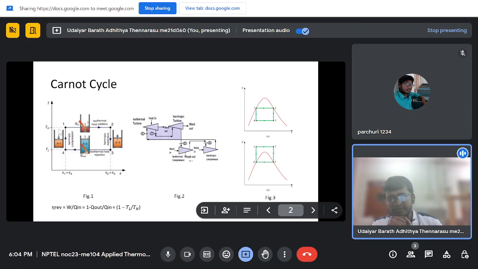You are compressing the gas. Assume heat transfer can happen only at the crown or the bottom end of the piston. So you're compressing the cylinder, so work is being given to the system, and then after compression you are transferring heat at temperature TH. So there is heat transfer, you are giving in heat.